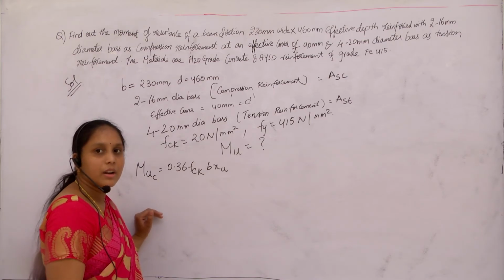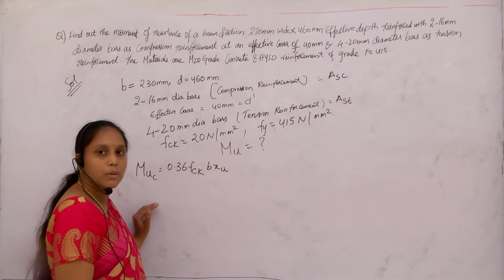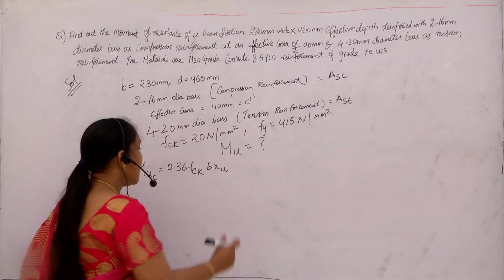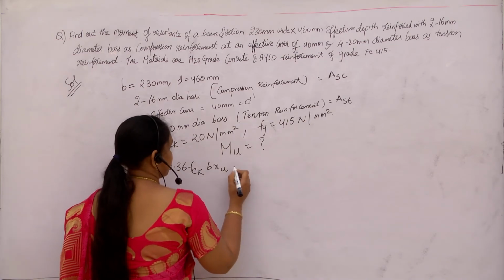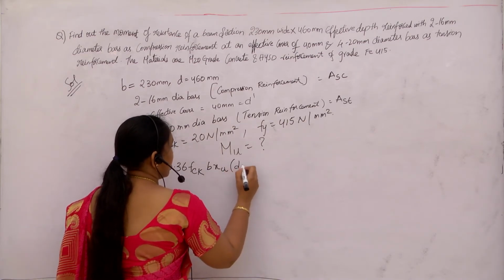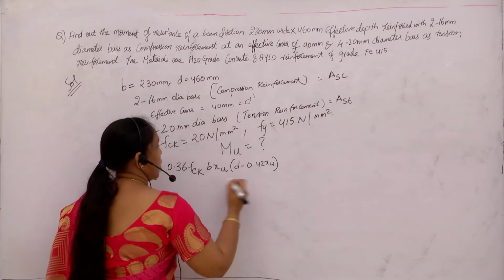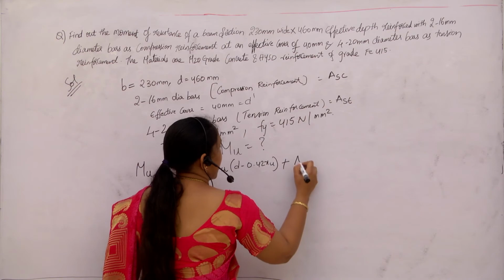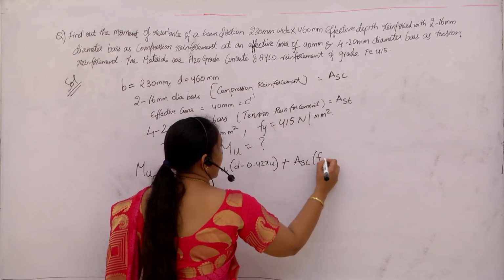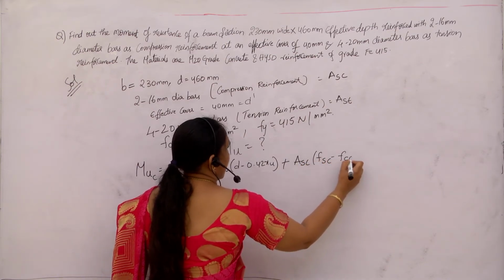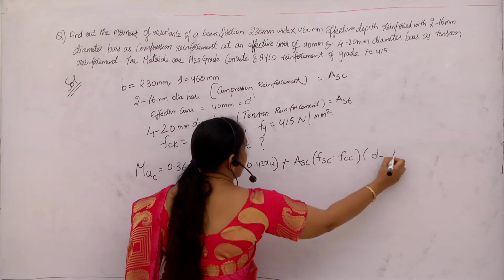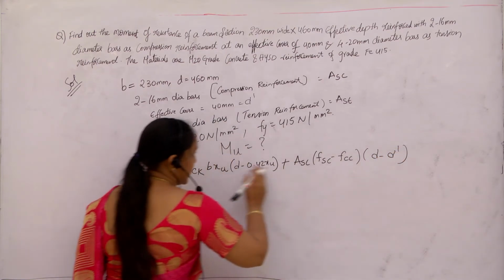So if it is an under reinforced section, then what will XU be? XU itself. So B into XU into D minus 0.42 XU plus ASC into FSC minus FCC into D minus D dash.